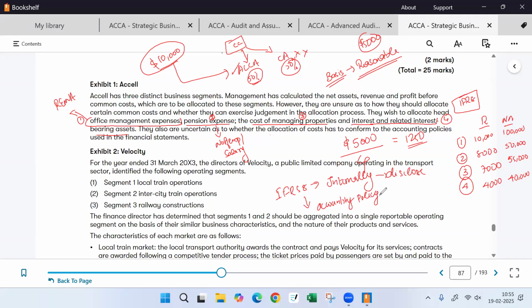Now, if there are differences between the standard and the conceptual framework, which takes precedence? The standard. You have to follow the standard over the conceptual framework or the accounting policy. You understand?